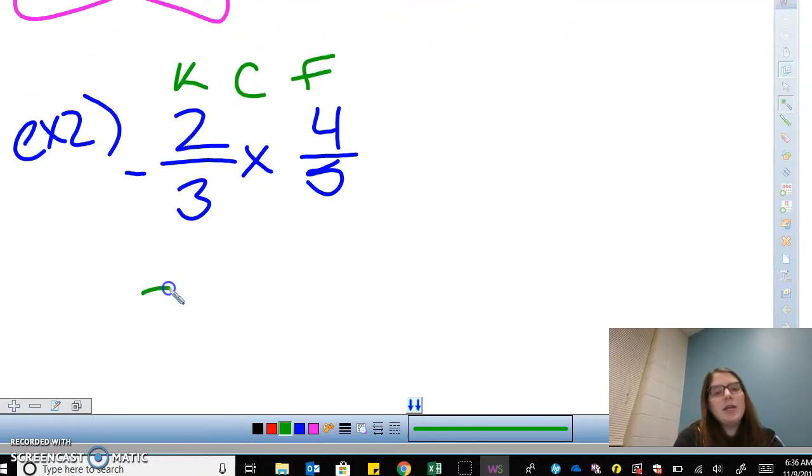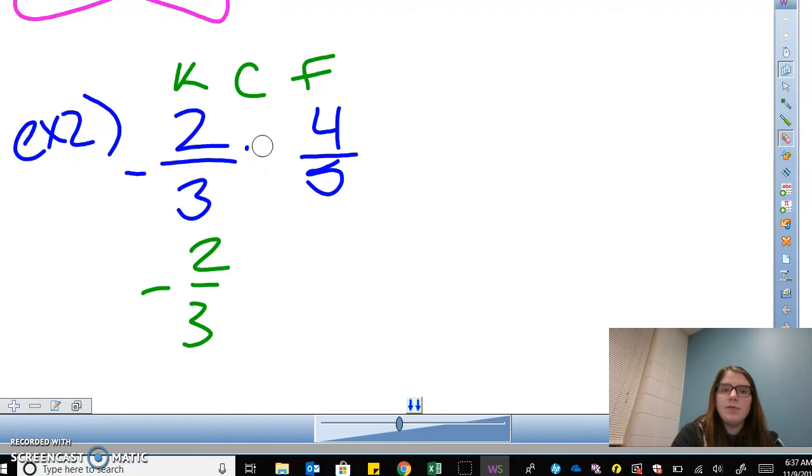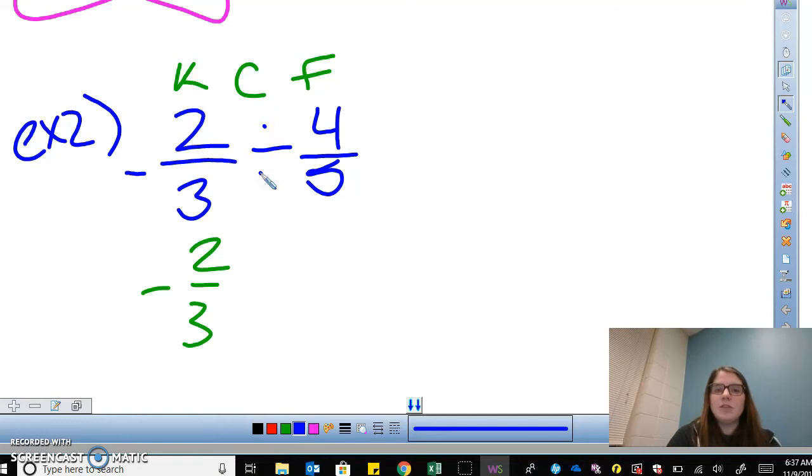So we're going to keep the negative 2/3 the same. We're going to change, oops, we're dividing. We're going to change division to multiplication. And we're going to flip the 4/5 to be 5/4.